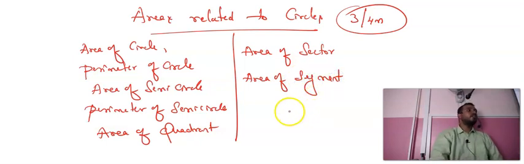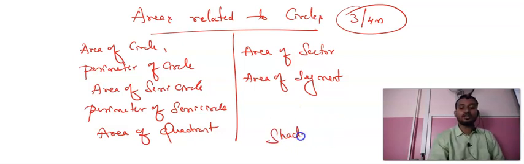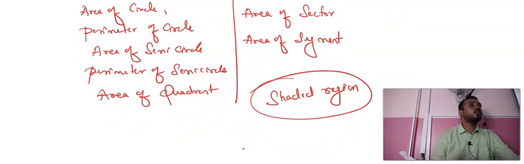These are the basic formulas you need to remember in this chapter, and most probably they will ask you a question based on the shaded region for 3 marks. Please solve the problems related to shaded region from this chapter. So this completes areas related to circles.